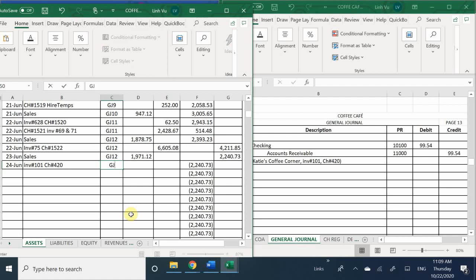Are we increasing or decreasing? Increasing by $99.54, bringing our balance to a little lower than 2,200. It's going to be 2,100... 214119. So I'm going to go ahead and hide this.